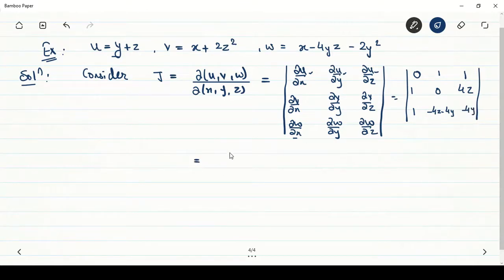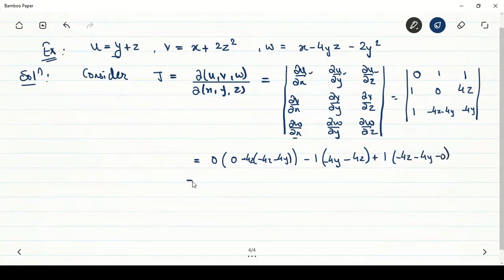So we will find this determinant. This is 0 into 0, minus 0 into 0, minus 4z into minus 4z minus 4y, minus 1 into minus 4y minus 4z, plus 1 into minus 4z minus 4y minus 0.